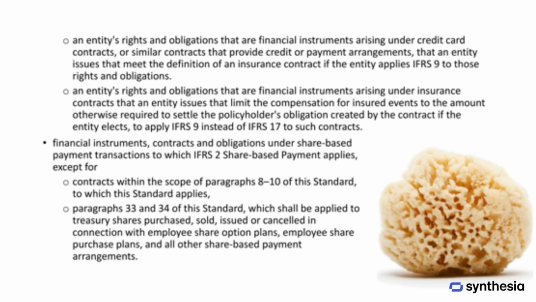The standard extends to financial instruments and obligations under share-based payment arrangements governed by IFRS 2, with certain exceptions. It does not cover contracts already addressed under earlier sections, but it does provide guidance on treasury shares that are purchased, sold, issued, or canceled as part of employee share plans or other share-based payment schemes.